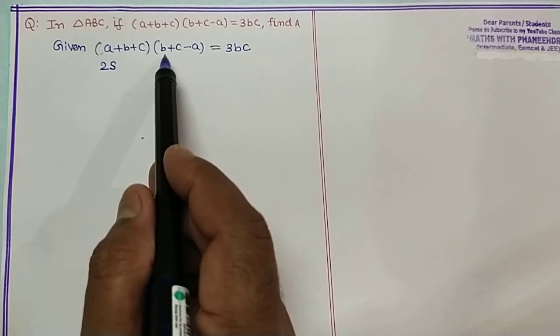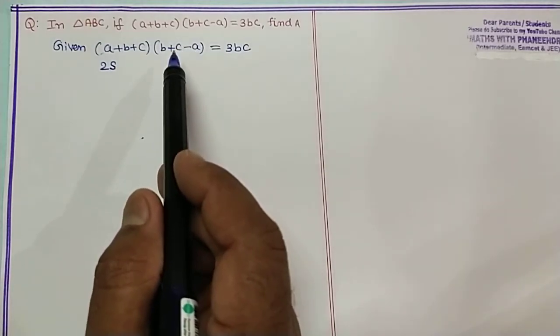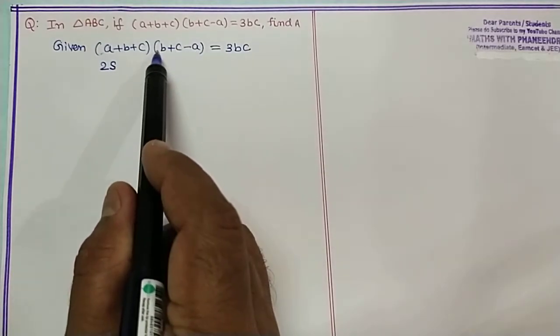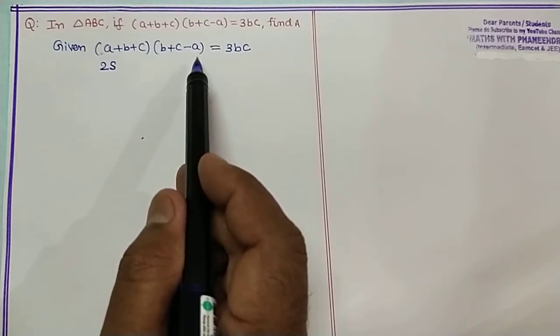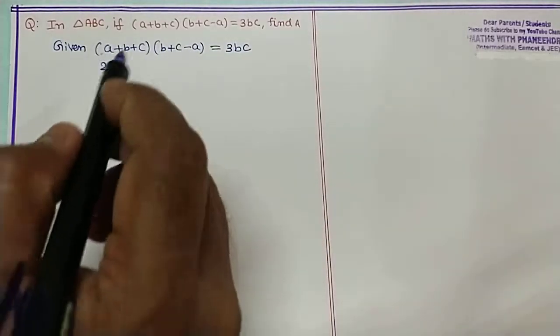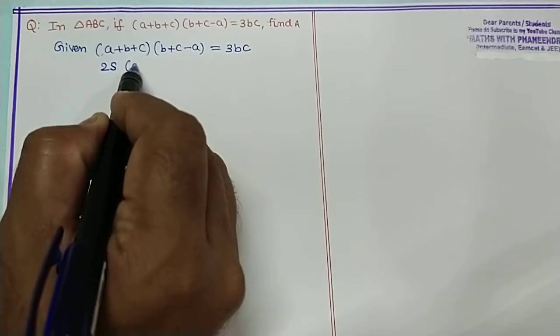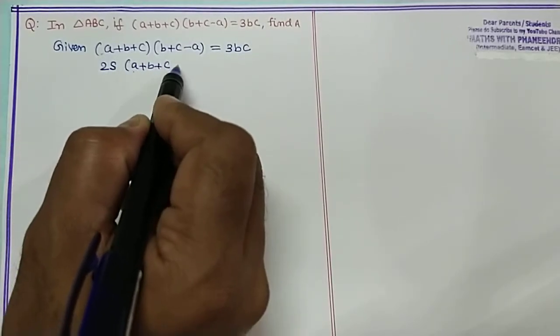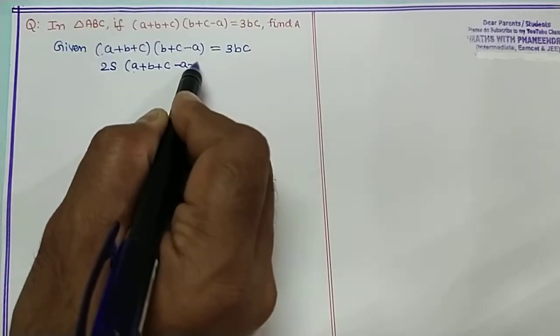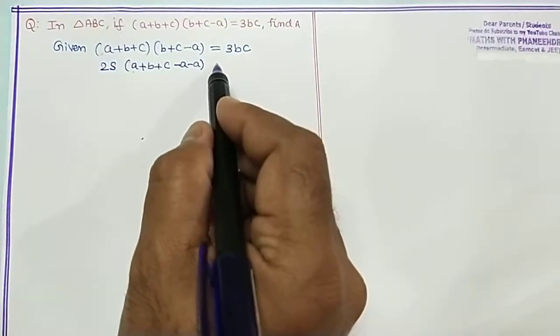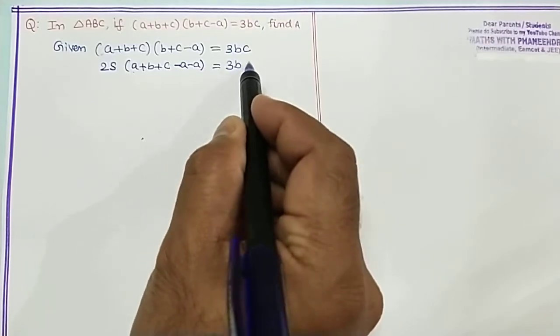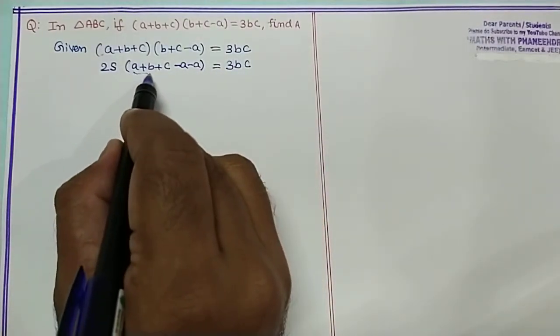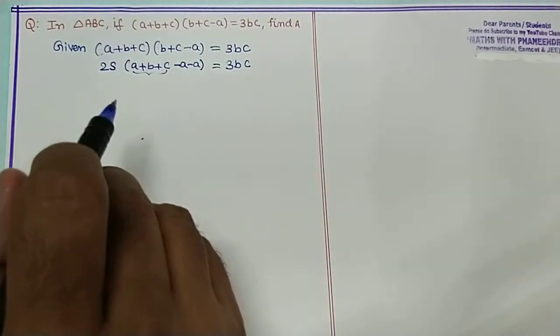After that, here B plus C minus A is there, no? Here what I am doing is adding A and subtracting A. So the second bracket value becomes A plus B plus C, adding A and subtracting A, one more A, which is equal to 3BC. Again, in place of A plus B plus C, we write 2S.